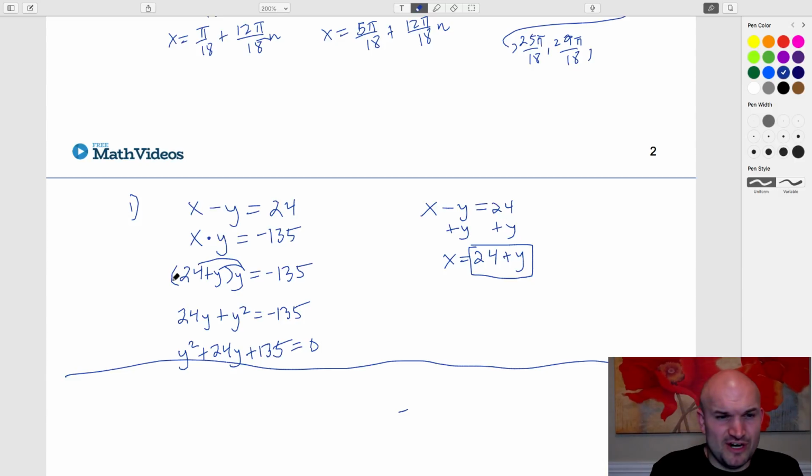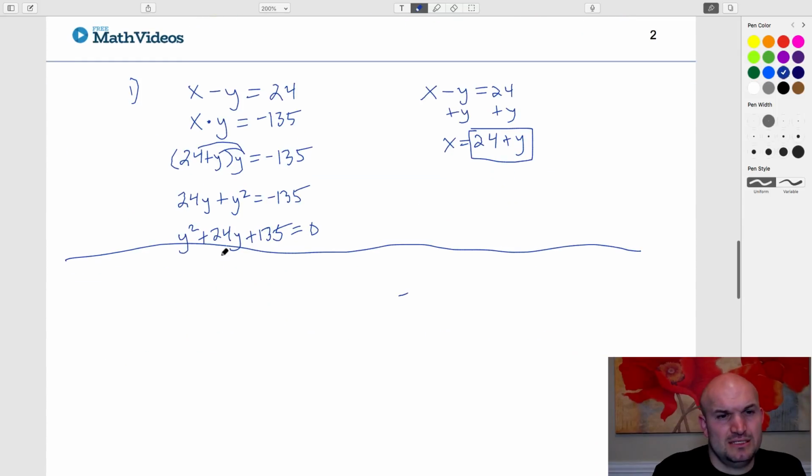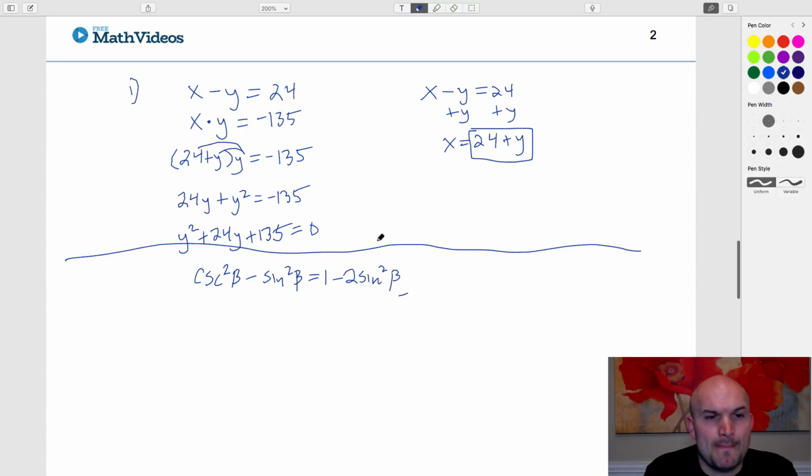All right, so we have a verifying identities problem by Omar. That's cosecant squared of beta minus sine squared of beta equals 1 minus 2 sine squared of beta.